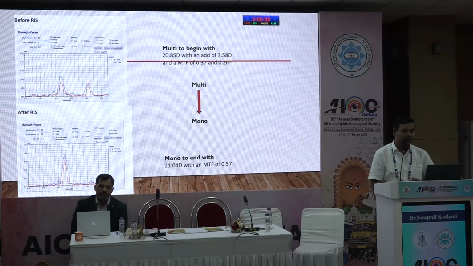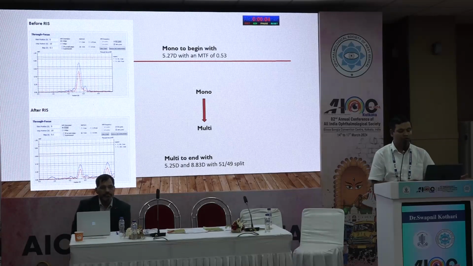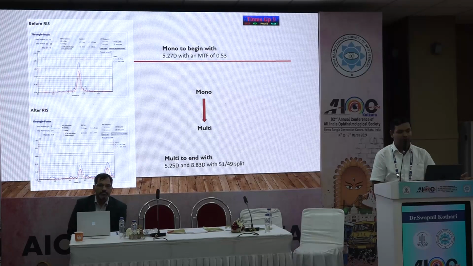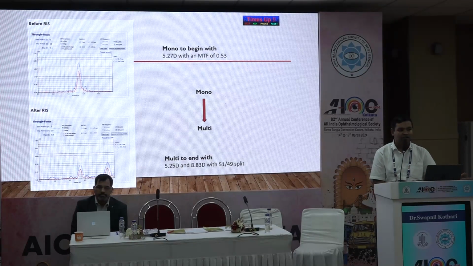This is something really exciting. Second, they started with a monofocal of a 5.27 diopter with an MTF of 0.53 and ended up with a multifocal of 5.25 and 8.83. So I have 3 diopters add, and the split is also nice at 51:49.